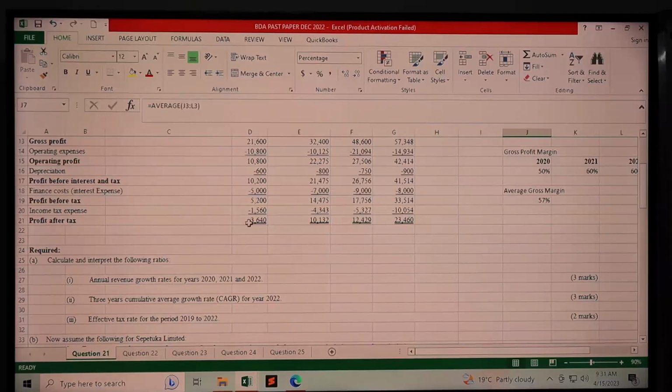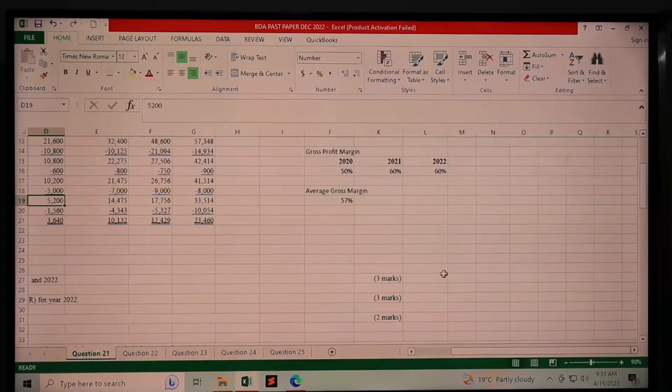If you check from 2019, we are given the income tax expense, that is this amount here, and we are given the profit before tax as this. So how many percent is this of our profit before tax? Is it profit before tax or after tax? Profit before tax. Then you're supposed to take the percentage of that.